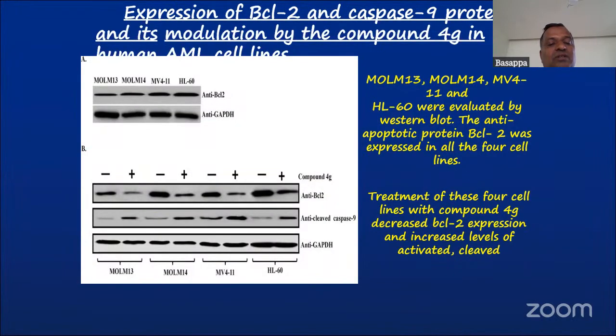The Western blot analysis using an anti-BCL2 antibody shows that initially the expression was found in many AML cells, and then upon compound 4G treatment you can see the decrease in the BCL2 amount, which indicates that the compound could be binding to it.